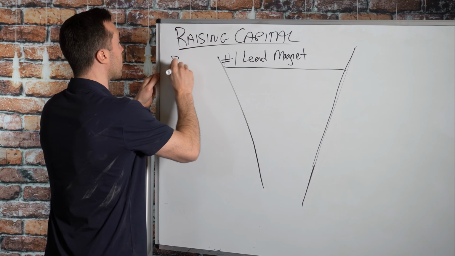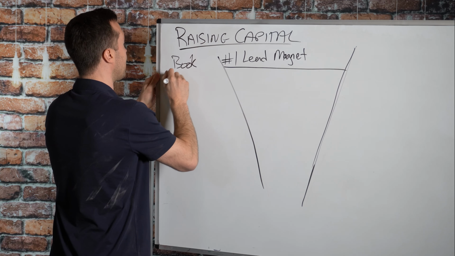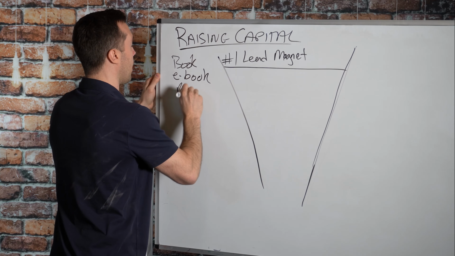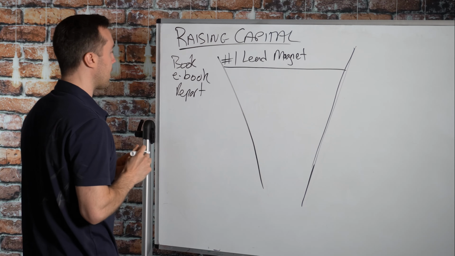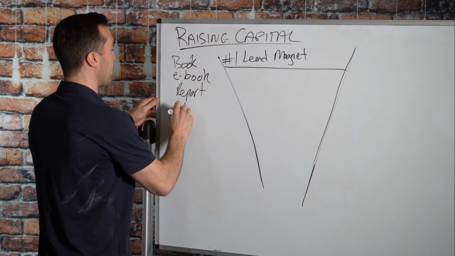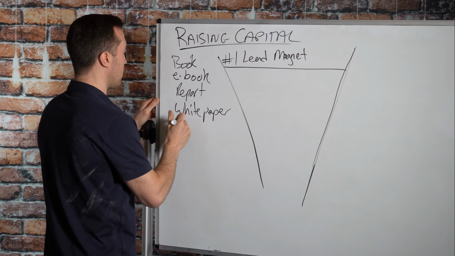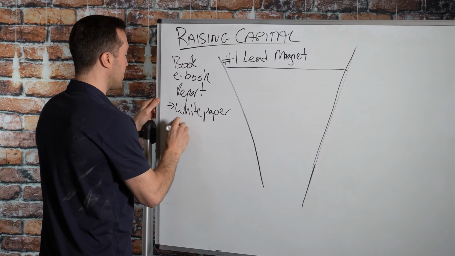So what sort of examples of lead magnets can we have? We can have a book, like a hard copy book. We can have an ebook. We can have a report, like a market report. We can have a white paper that you can write. We can do a case study.